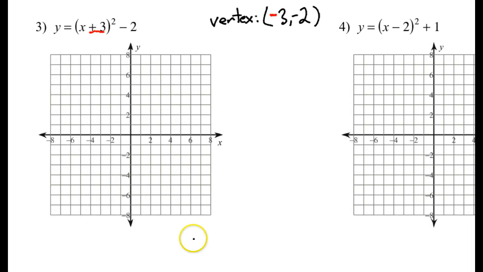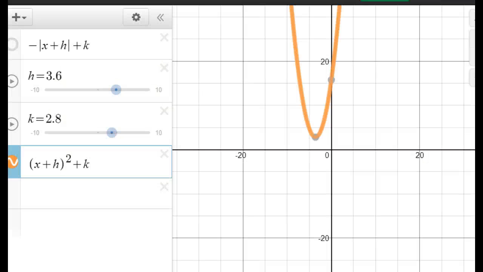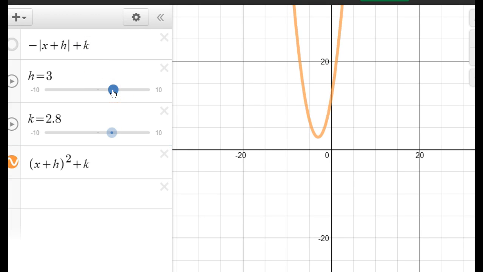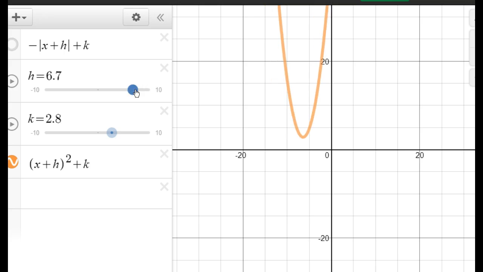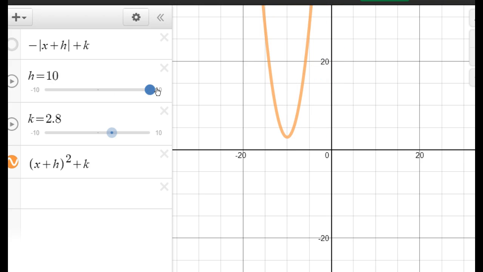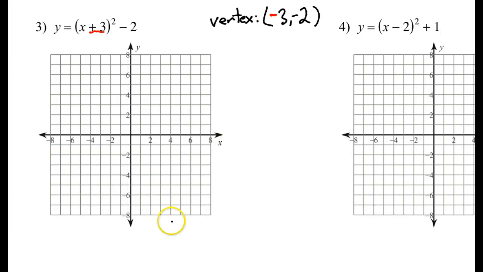Okay. And again, why is that true? Right here. See, when I make this positive, where does the vertex go? It goes to the negative side. Anytime this is a plus, it's actually on the negative side. This is +10, the vertex is at -10. Okay. All right. The axis is what?